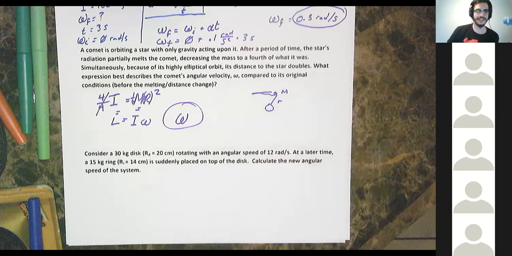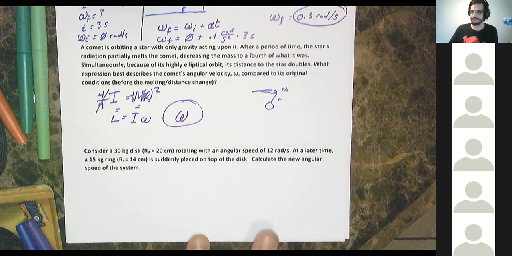So what is it in terms of its original condition? It's just omega. It's still omega. It does not change in value because nothing else changed in value that it's related to. Or at least it didn't change overall. Any changes that were made canceled. Which is really neat.